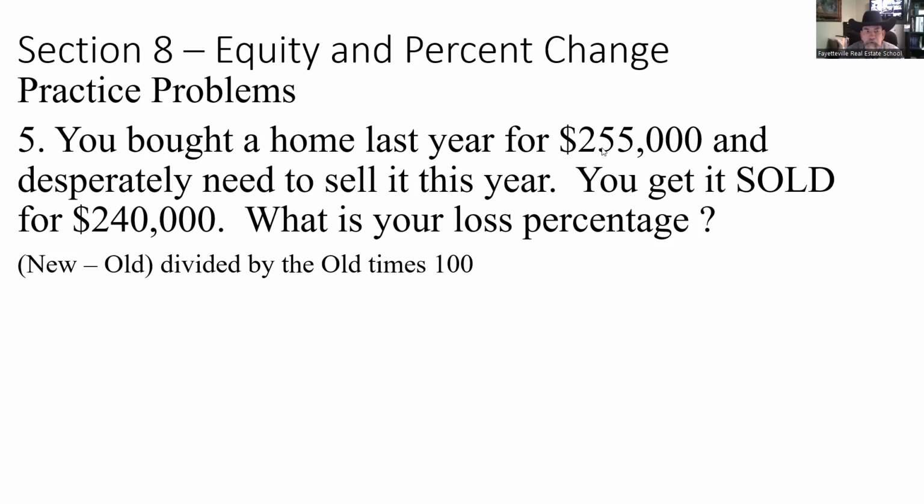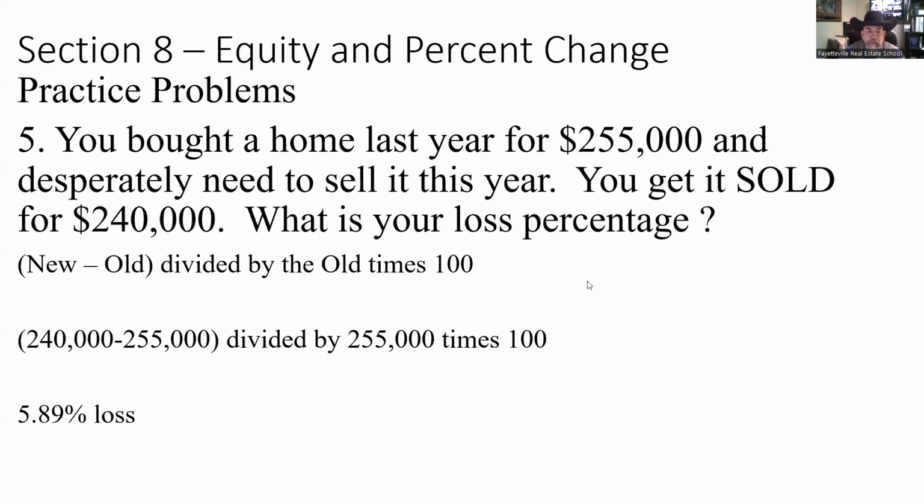All right, here you bought a home for $255,000. You desperately need to sell it. You sell it for $240,000. So we set it up as buy $255,000, sell $240,000, and do the new minus the old divided by the old times 100, and you get a 5.89% loss. So all right, we just rounded it up. There was a bunch of decimal places on that.